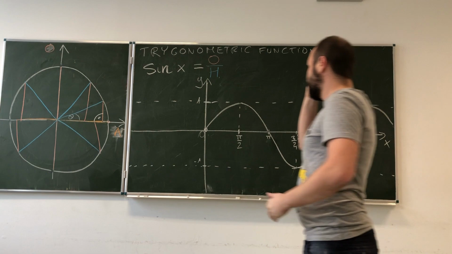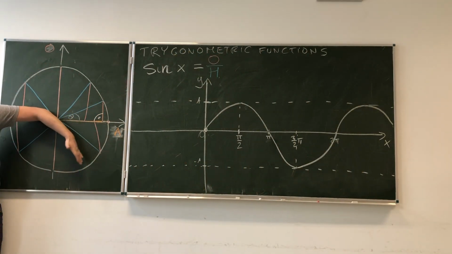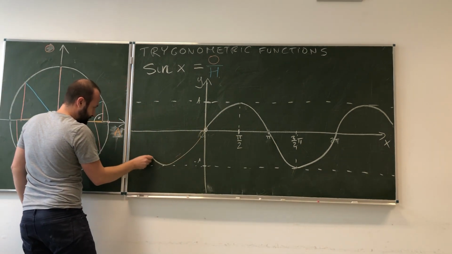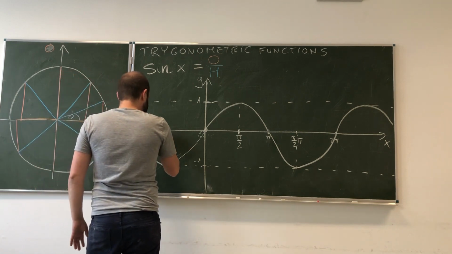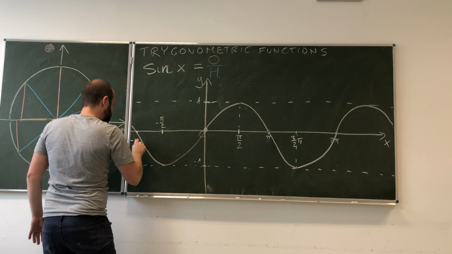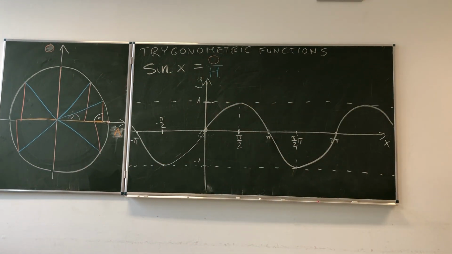And also, on the other hand, if I would be moving from the beginning in the opposite direction, I would be obtaining the same shape, but now going in the direction of negative infinity. Okay, so look, this is how the sine function comes about.